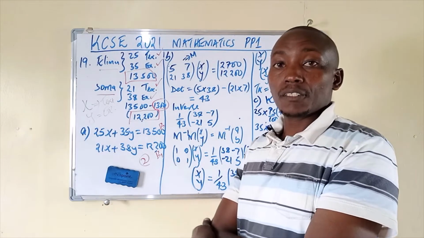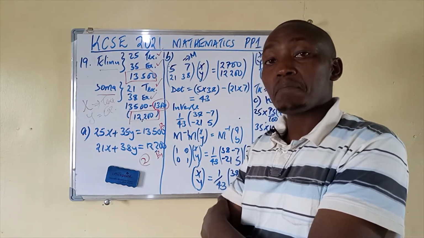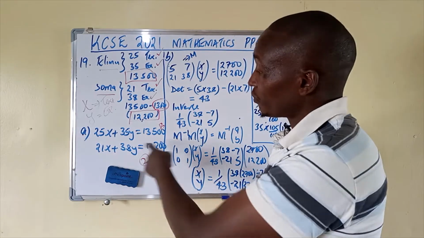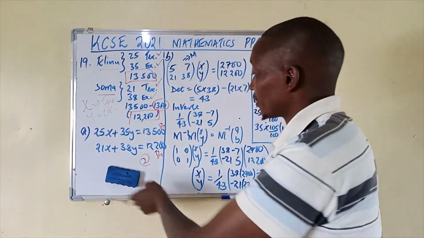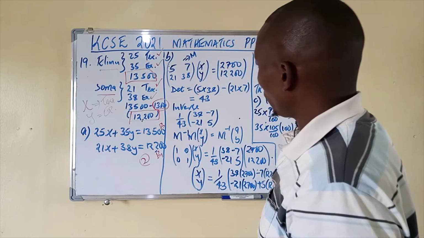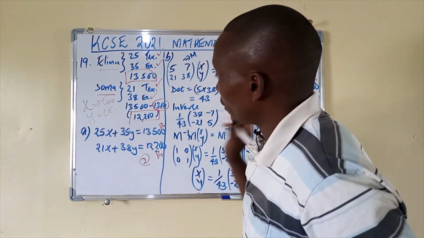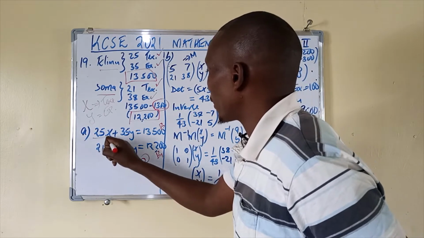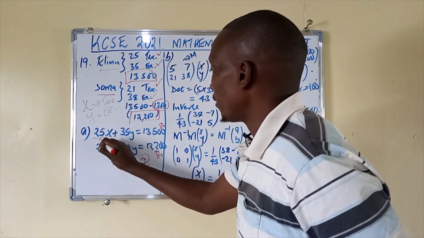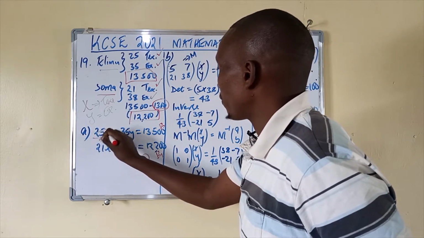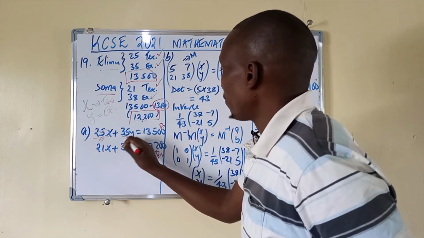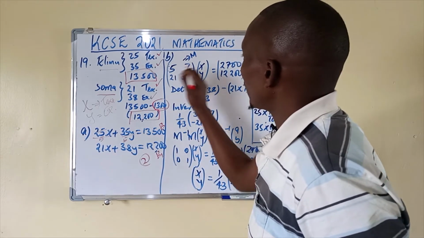Part B of the question, you are instructed to use the matrix method to solve this pair of simultaneous equations. What I've tried to do here is that equation 1 can easily be simplified. You can simplify that by 5. You divide this by 5, you get 5. By 5 here, you get 7.